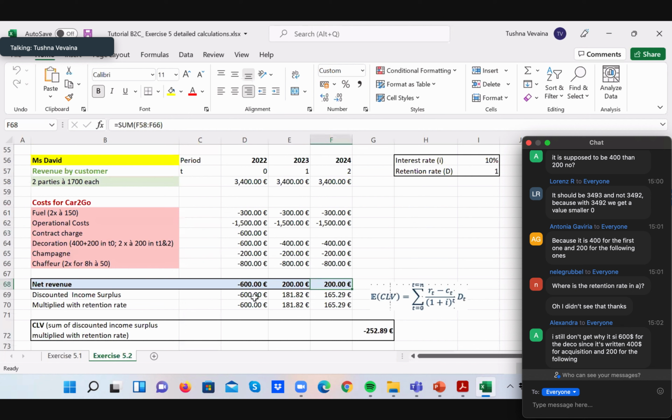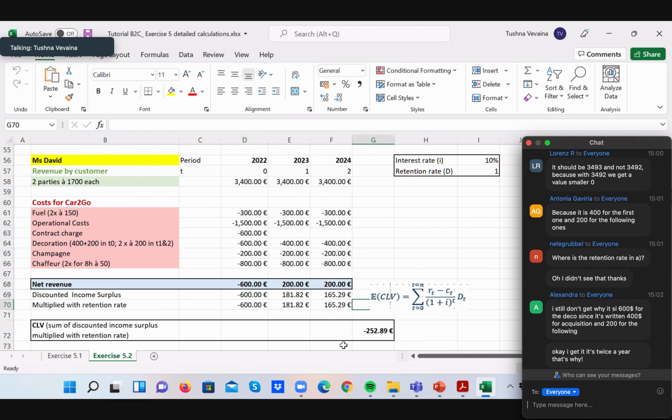I discount this and I use the formula for finite periods of time. I discount it and then I multiply it by the retention rate. Because my retention rate is 1, it's going to result in the same. And I add this up to get my CLV for Mrs. David, and I get minus 252.89.